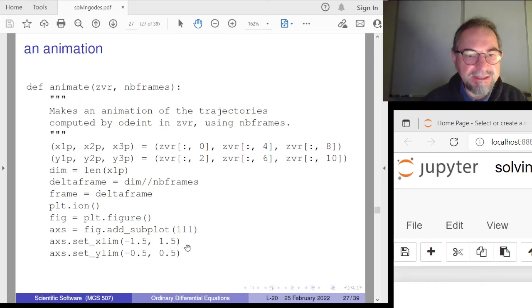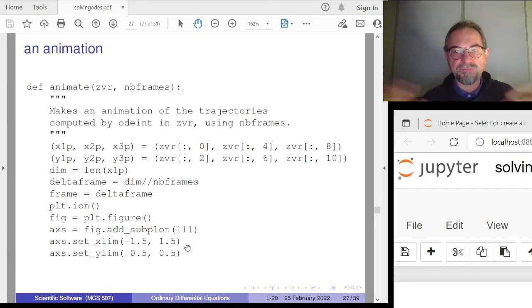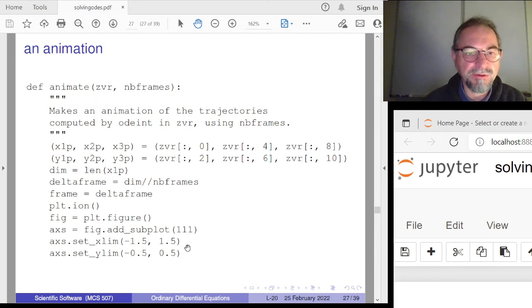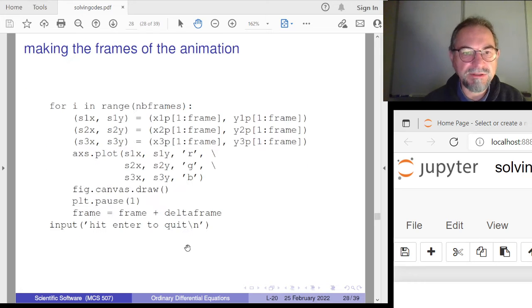It's important here when you define the axis that you know where the trajectory is, so that this is fixed. Otherwise, during the animation, the subplot window would be rescaled, and that would have some very strange effects. So we keep the window fixed. All right, and then it is a loop.